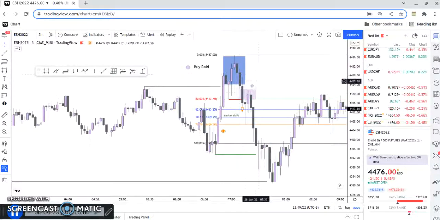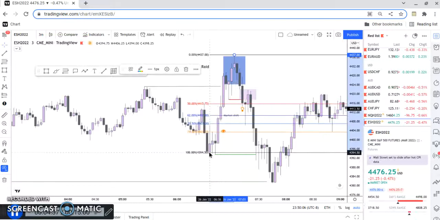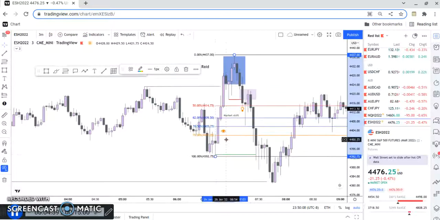So you see we're in a premium, we can take here, and the fair value gap is below the 50, which means that we're more than likely to come down from right here. It is below the 50, so here's a perfect take profit area, and here as well.